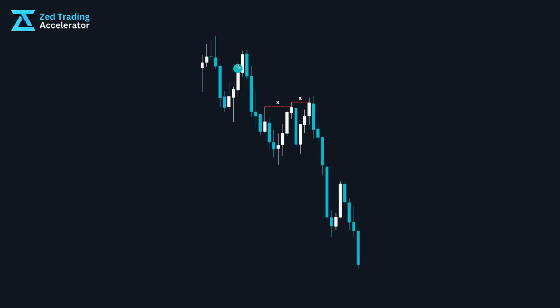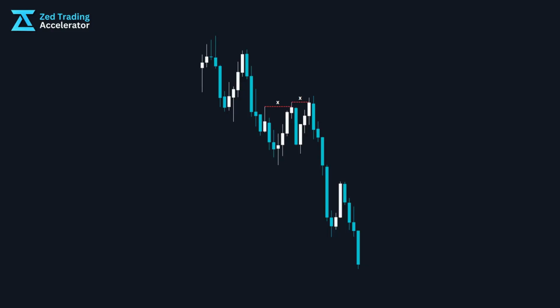The price retraced higher, continuation lower, and as we can see right here, the price retraced higher. So a lot of traders will think right here is a market structure shift and they will enter a long entry right away. And guess what? It was not a valid market structure shift. This is just a liquidity grab.